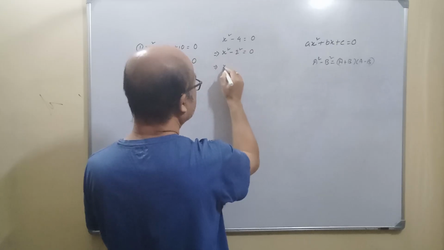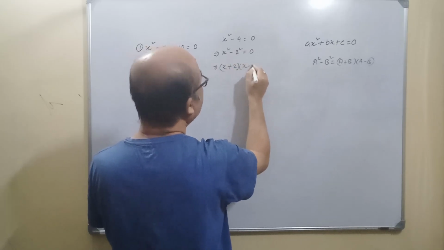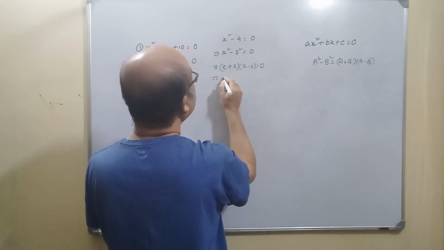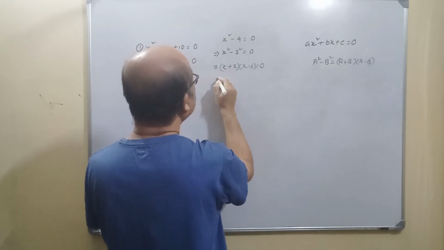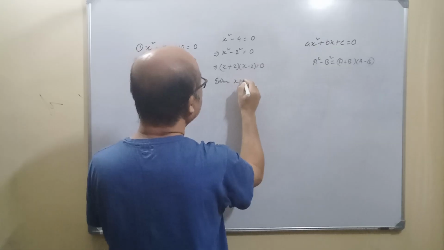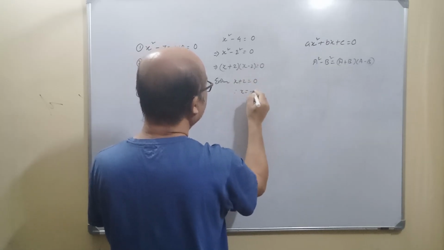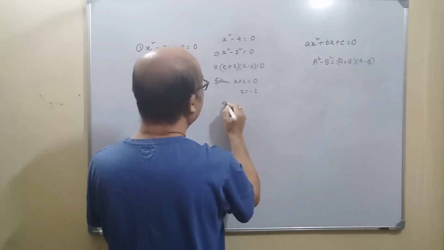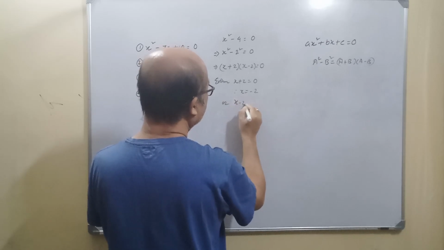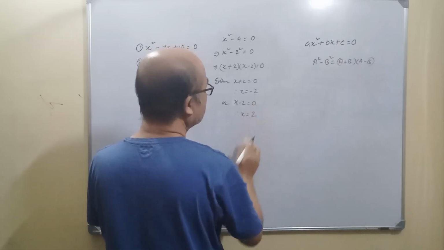So the resultant is x plus 2 into x minus 2 is 0, hence either x plus 2 equal to 0, hence x is minus 2, or x minus 2 is 0, hence x is equal to 2.